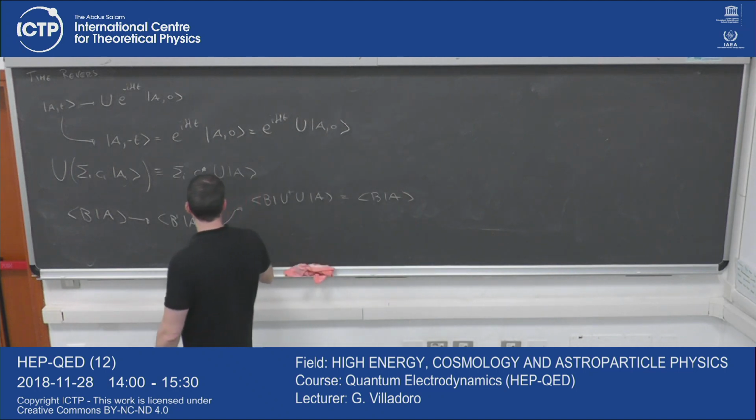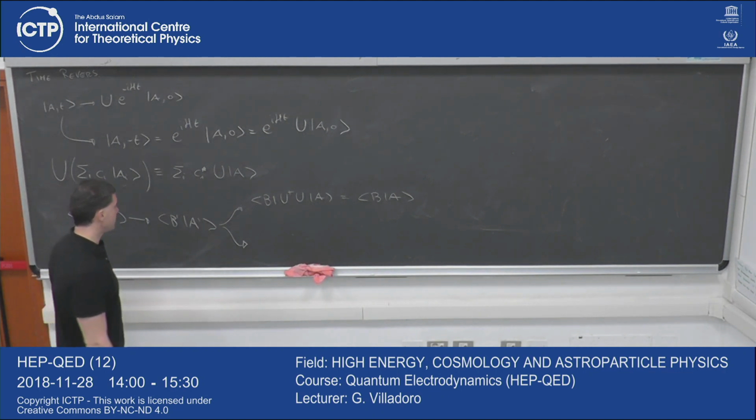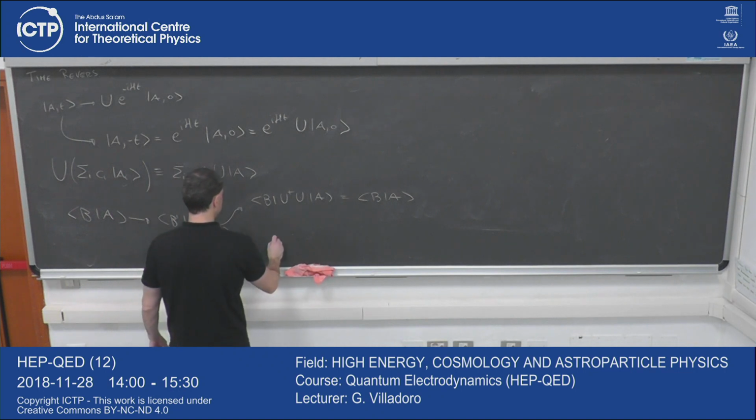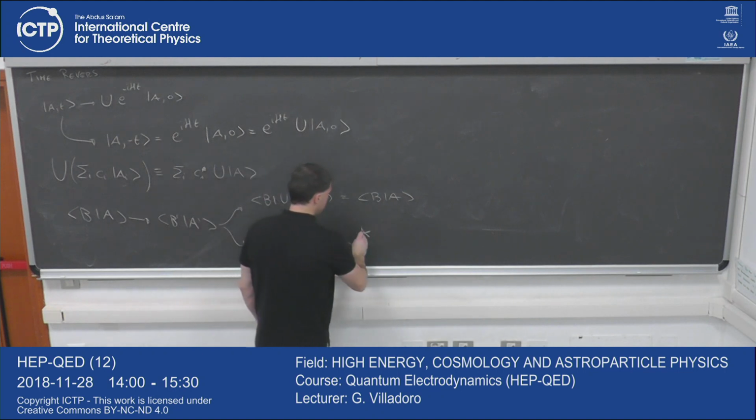But this is also true if we have an anti-unitary operator, because this maps into basically B, U dagger U, A, star.